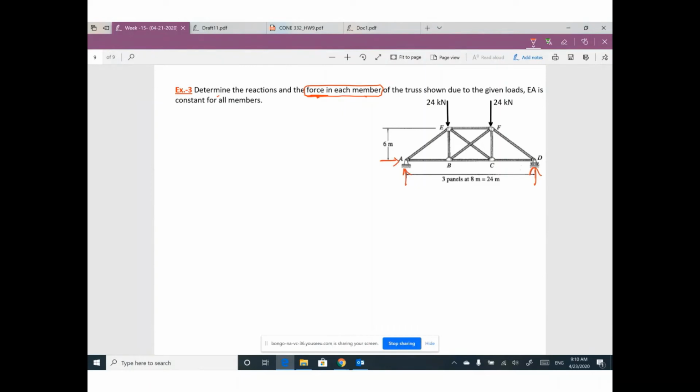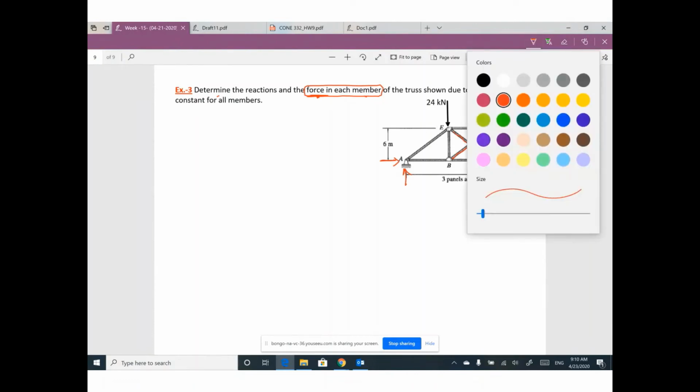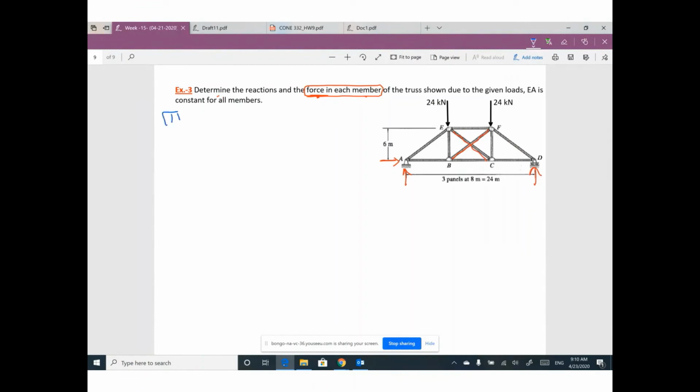But we have another issue. We have a cross. That means this truss, which is the first step, is internally indeterminate.